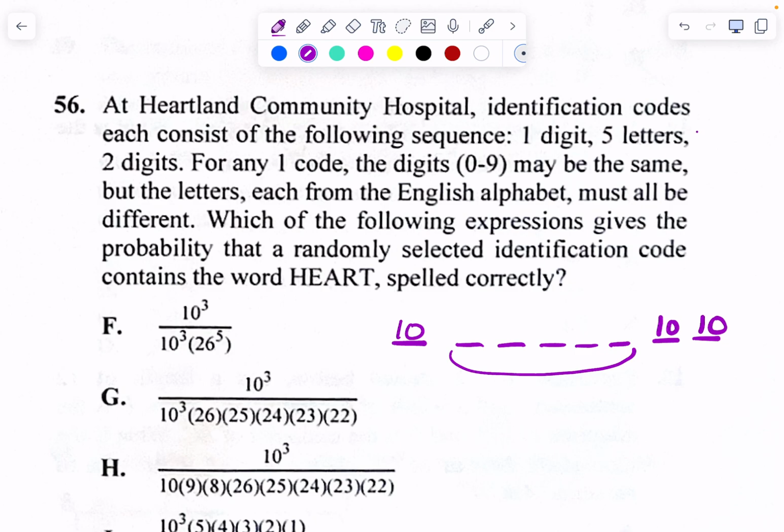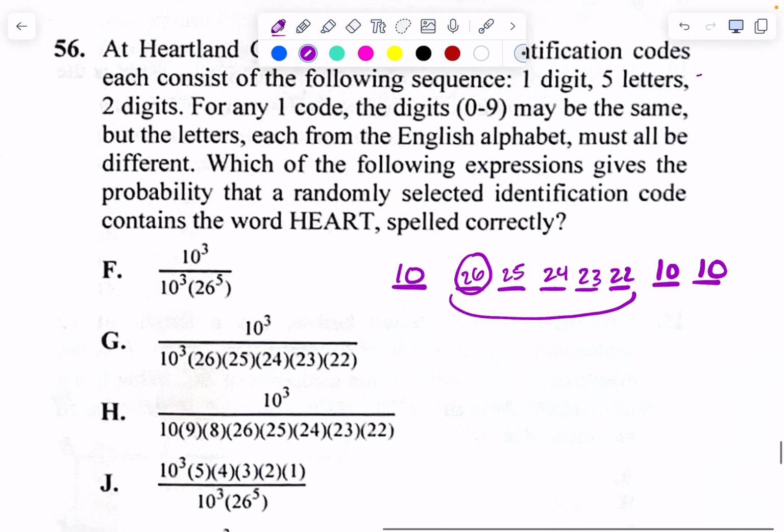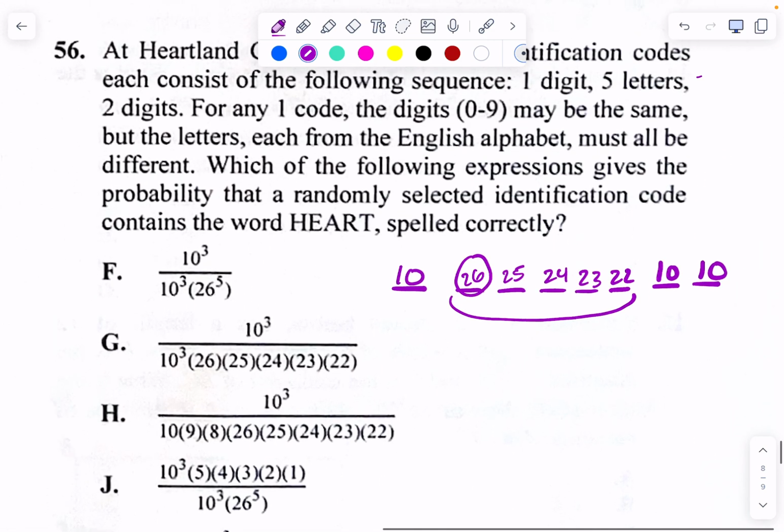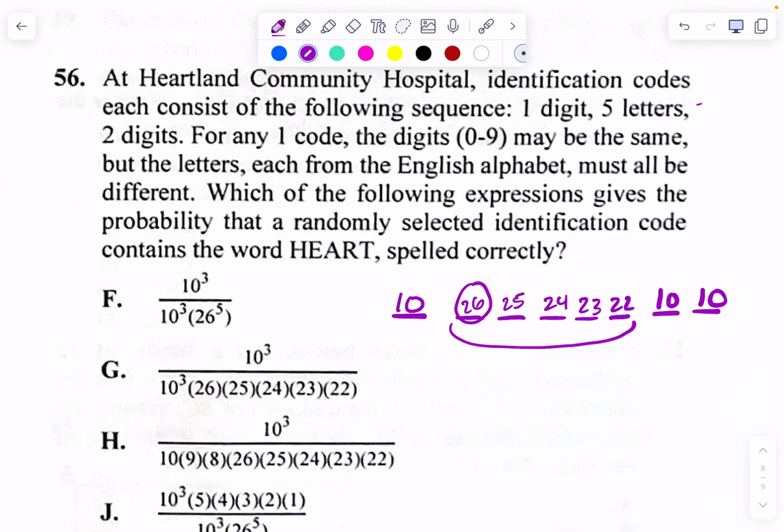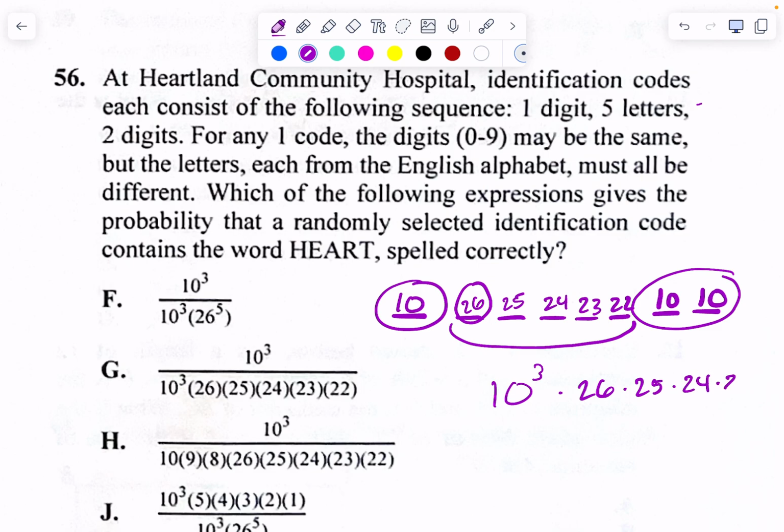Letters. I cannot repeat any letters. So this guy could be 26 different letters. This guy could be 25 different letters, 24, 23, 22. And then that.